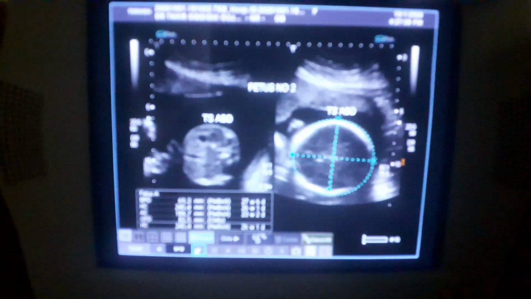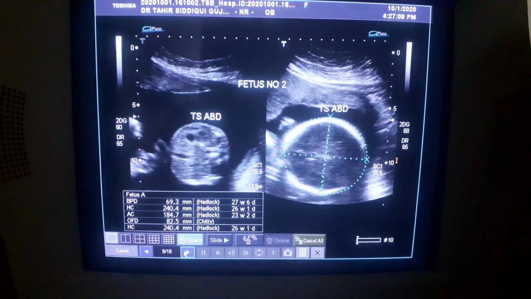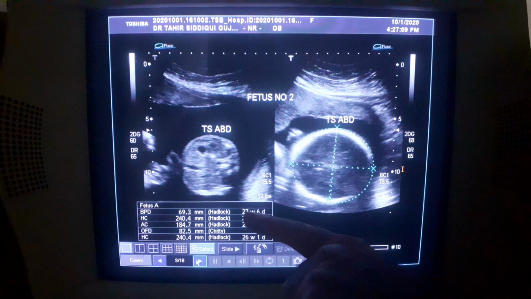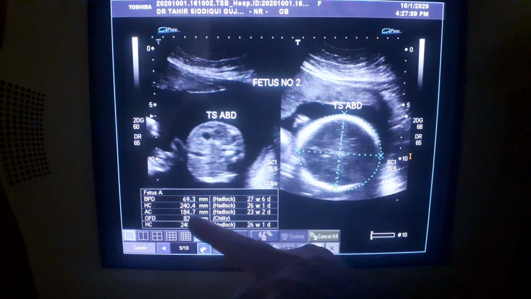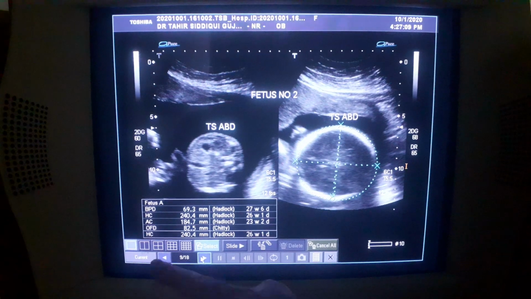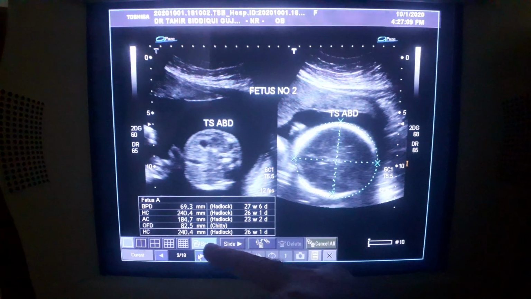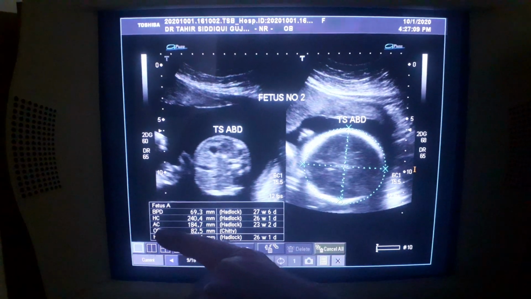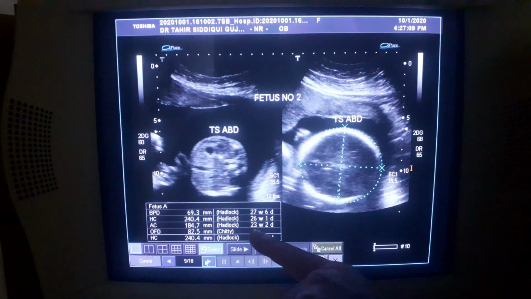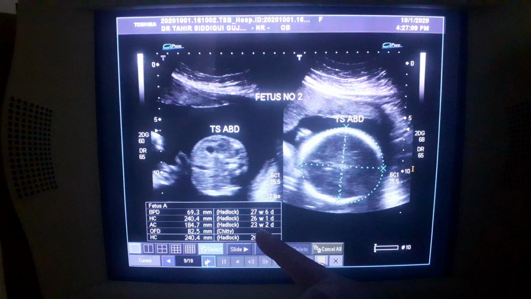Now you see that the biparietal diameter corresponds to the gestational age of 27 weeks, head circumference 26 weeks, occipitofrontal diameter measures 82.5, abdominal circumference corresponds to the gestational age of 23 weeks.